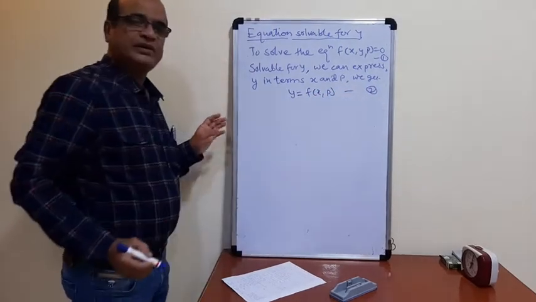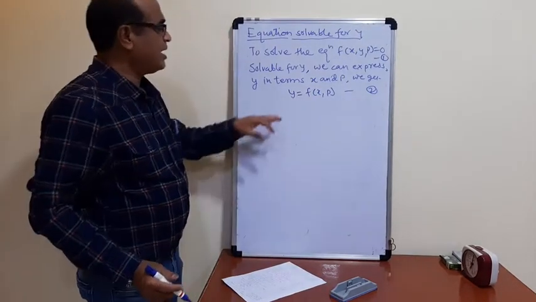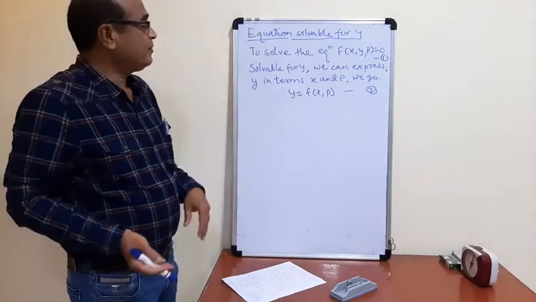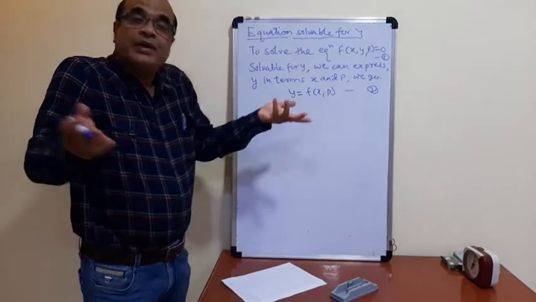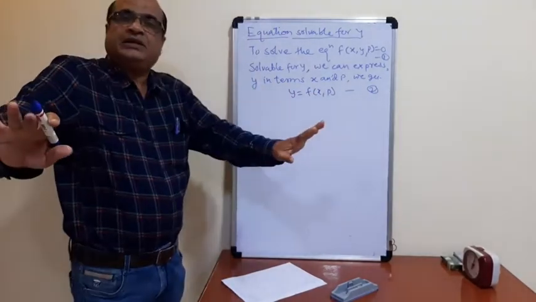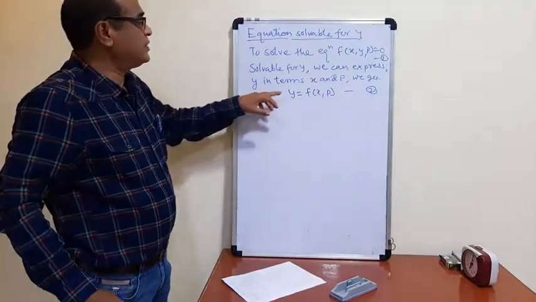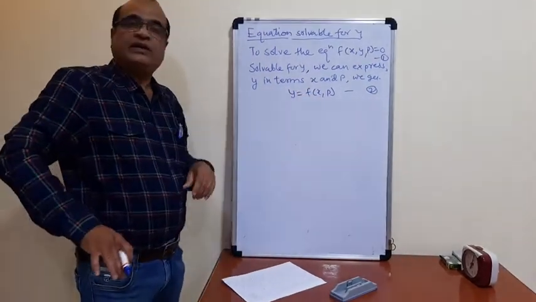In the last method, we wrote x is equal to a function of y and p. Here y occurs in terms of x and p explicitly. So we separate y from x and p, and we write this equation.